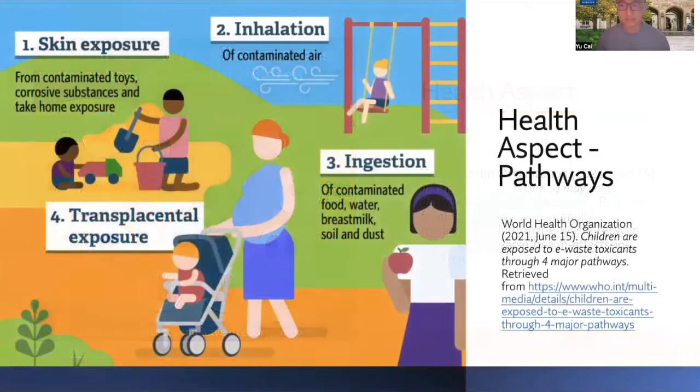Okay, next. People are exposed to e-waste toxicants through four major pathways: skin exposure, inhalation, ingestion, and transplacental exposure. It looks like there are only four pathways. However, as a result, it is difficult for people to avoid being exposed to e-waste.